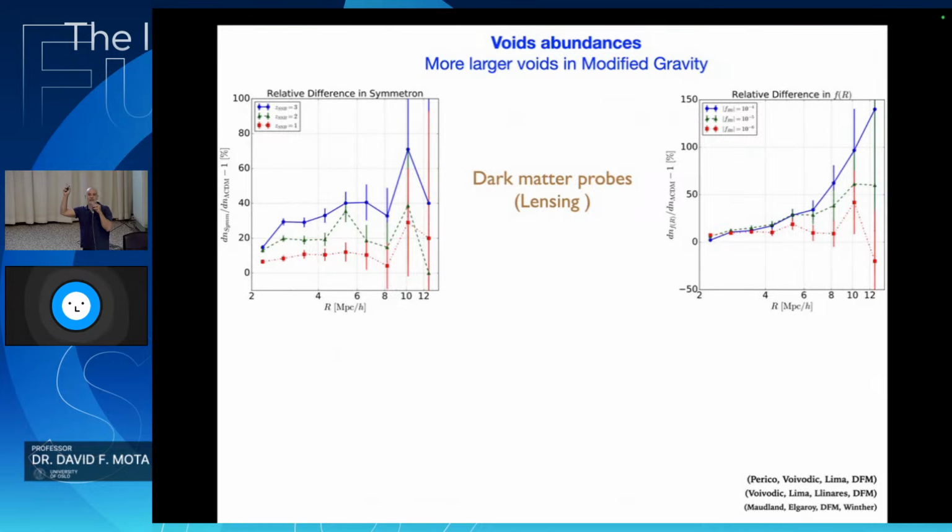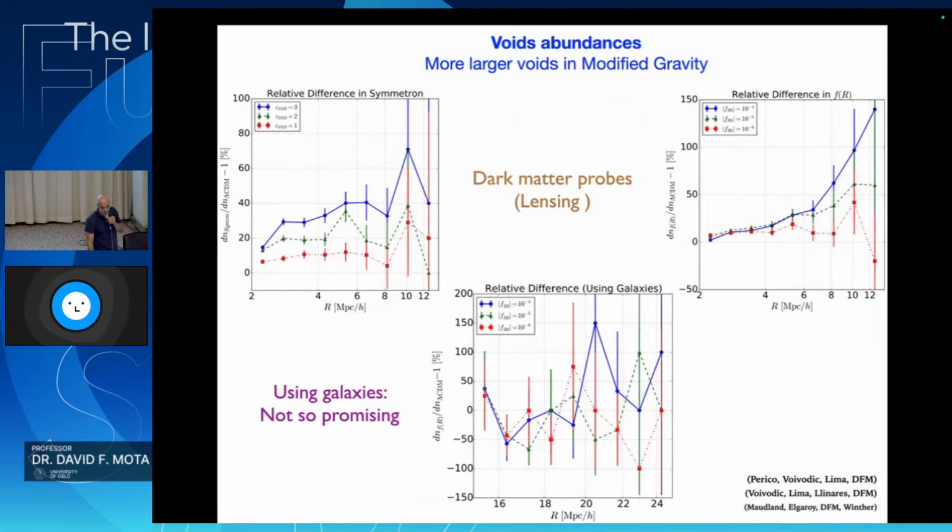And that's the simulation that you just saw, yes? That simulation had huge voids. So if I count how many big voids there are, usually in modified gravity, there are many more big voids, like with 10 to 12 megaparsec, even larger. In f of R gravity, there are also a lot more big voids than in general relativity, okay? And that you can measure maybe with lensing.